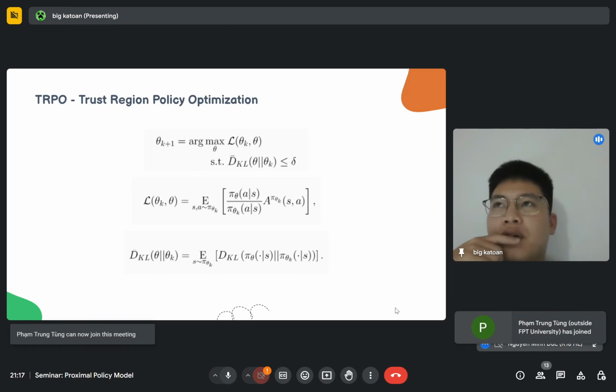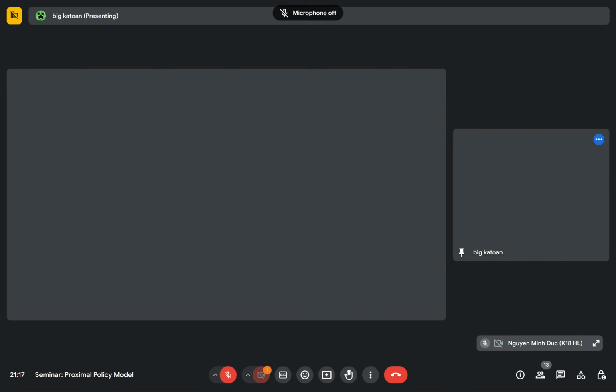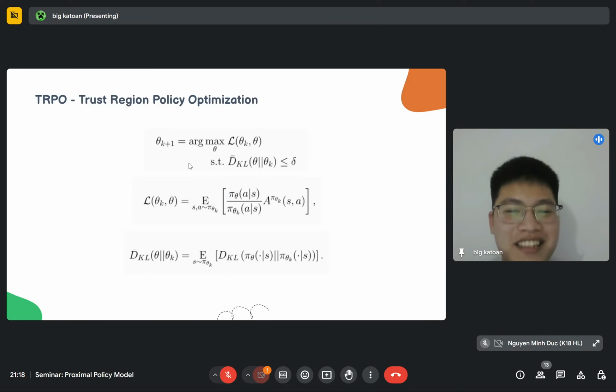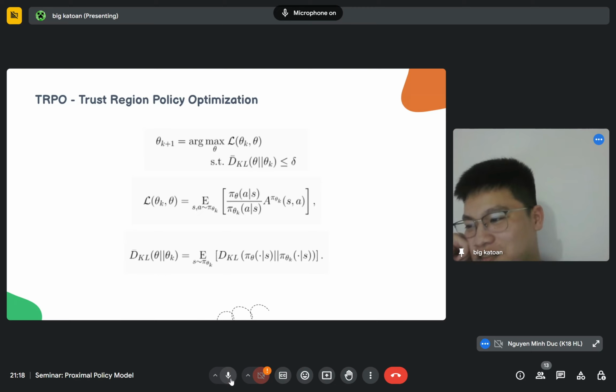Currently TRPO and PPO use two models for training, but in some reinforcement learning methods you may use about four models. Here we only use two: one for the current state and one for the old state. The old one tries to converge to theta k, and theta k tries to converge to the best model.